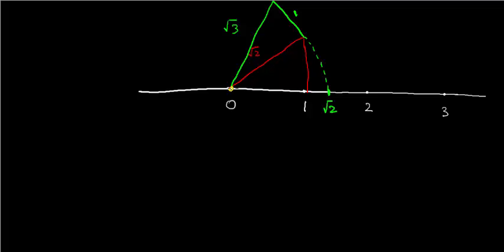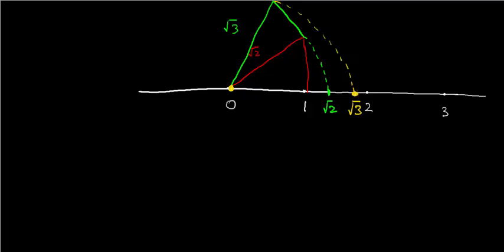Again I'll take center at 0 and draw an arc, and this is where the arc intersects the number line. This would become root 3. In the same way you could go ahead and make root 4, root 5, root 6, and they all can be represented on the number line. This is how you go about making irrational numbers.